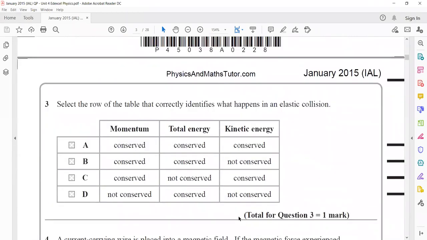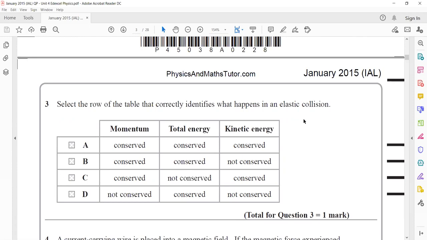Question 3. Select the row of the table that correctly identifies what happened in an elastic collision.